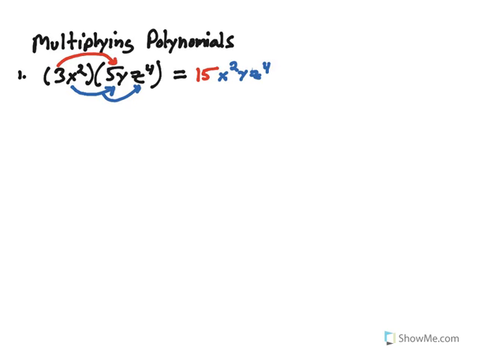Just put the variables together like a times b. For example, a times b is just going to be ab, okay? And that's the answer for that. So pretty simple, okay? So we're going to do more.